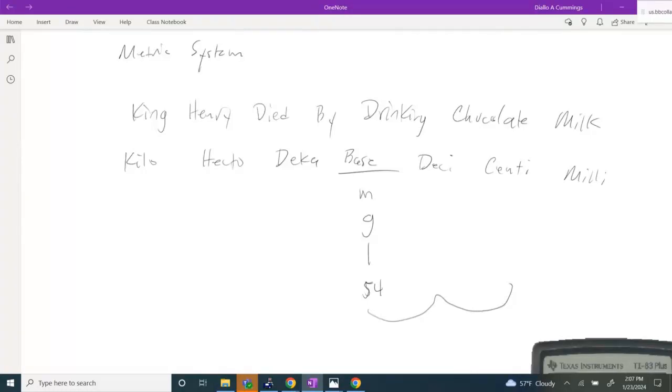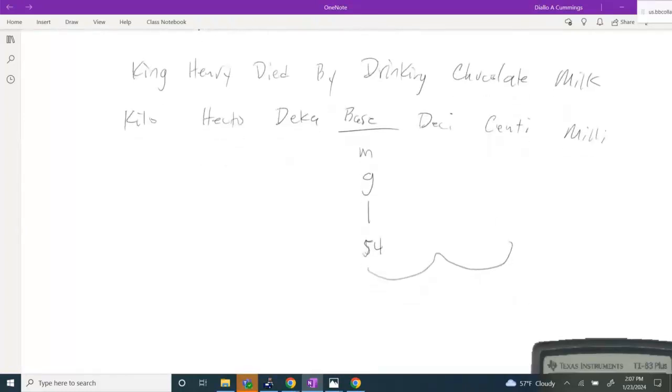That means I would have to add 2 zeros. So 54 meters would be 5,400 centimeters.